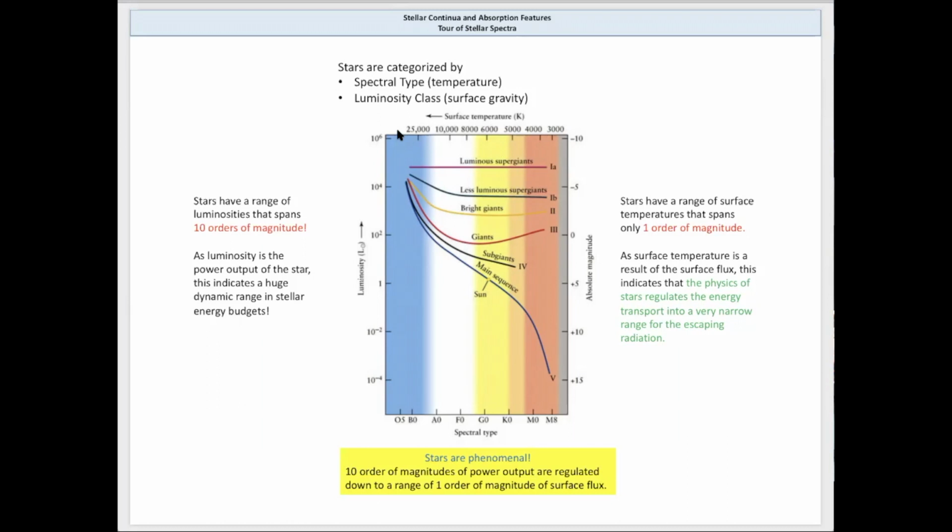So something is really interesting here. You have a small dynamic range of gravity, which results in a huge dynamic range, 10 billion, in energy output and energy budget. But somehow that energy, which could be 10 to the 6 times the sun or 1/10,000th the sun, that comes out, the flux that comes out of these stars is within a very narrow range of temperature, only an order of magnitude.